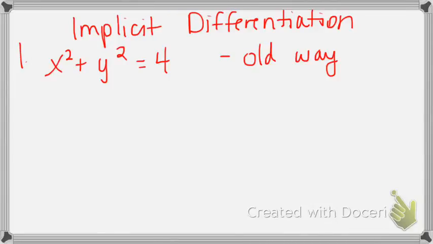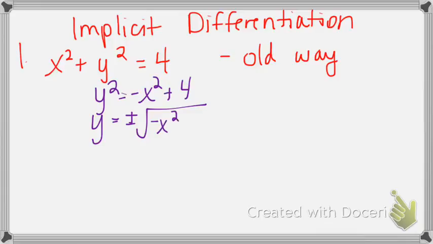We're doing another kind of differentiation, another kind of finding the derivatives. It's called implicit differentiation. Now, if I were going to solve this the way that we have before, I would first have to solve this for y. And then I could take the derivative, because now I know that the derivative of y would be the derivative of this.